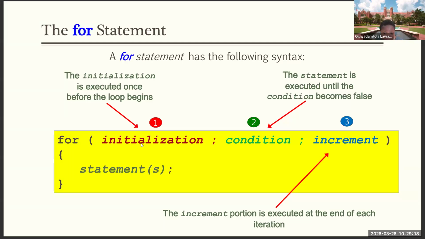We don't know the values, but we know the size. We're not sure of the values the users will put in. But of course, we know the size of the array. We know how many values this array can accommodate.